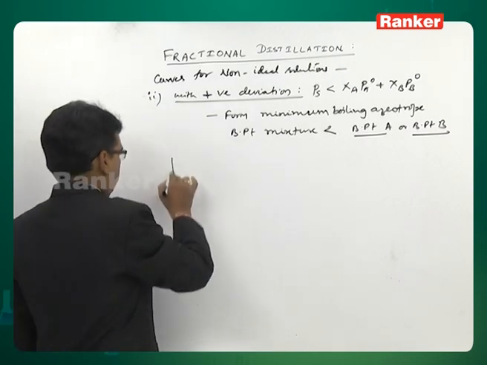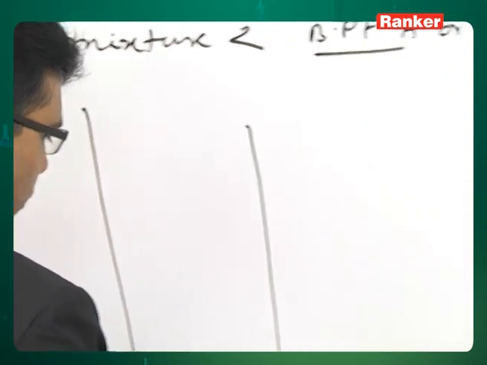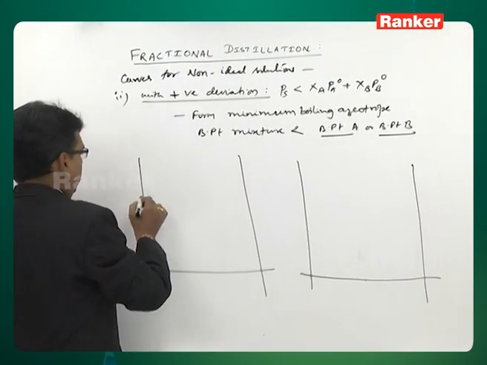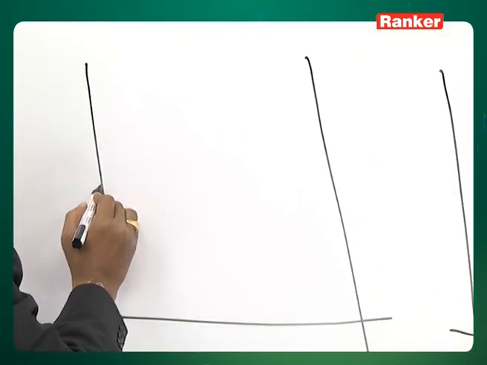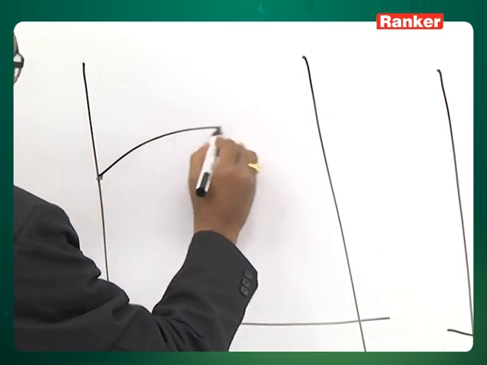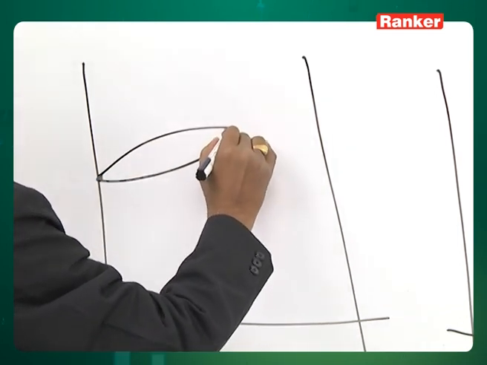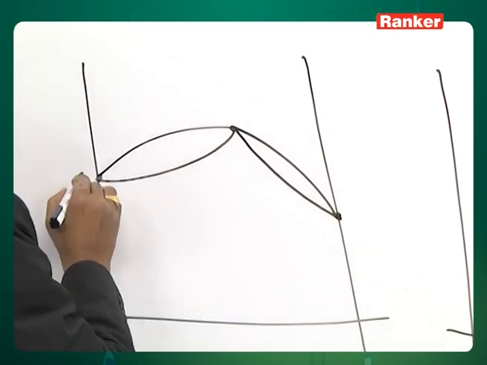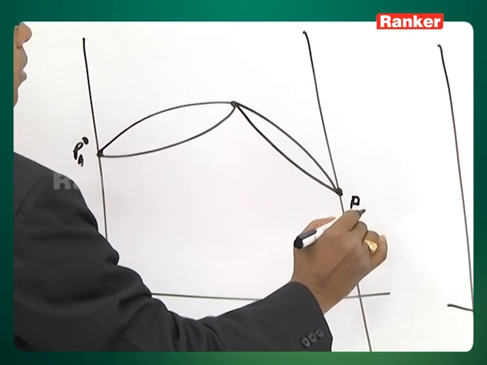So, again like in the previous case, if you look at the graphs, the discussion is entirely similar. Now, again let us take PA naught greater than PB naught.